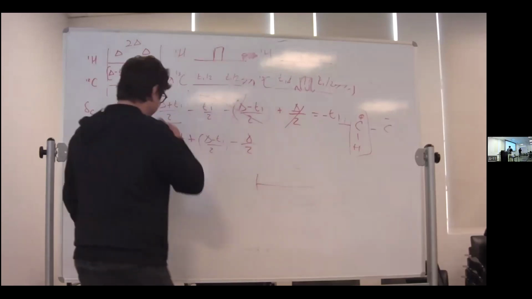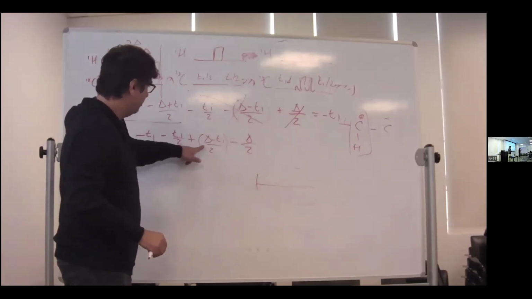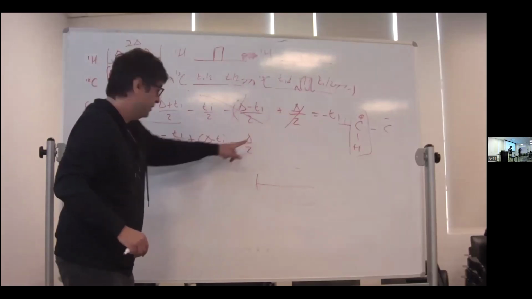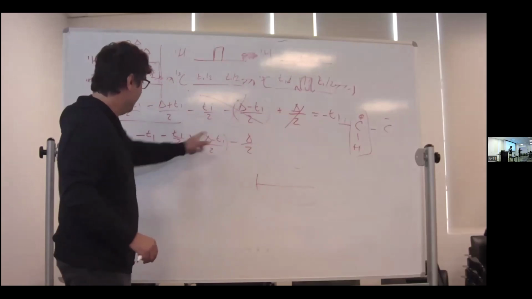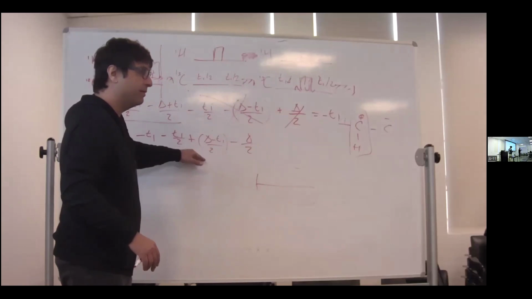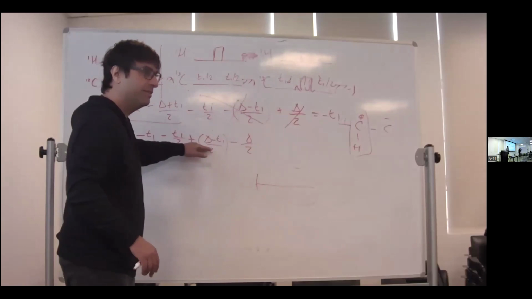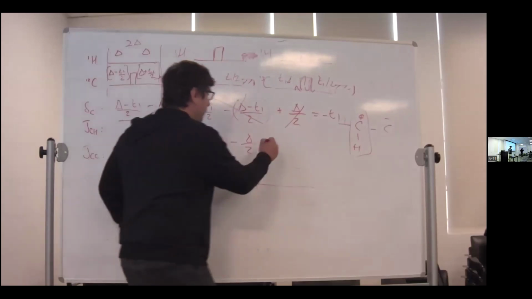So what's happening? Now the delta cancels out, but I'm getting myself another minus T1 over two, minus T1. So what is happening? Minus T1, minus T1, minus two T1.